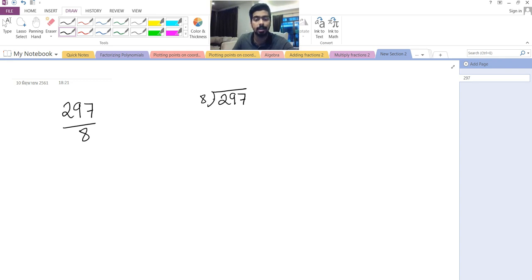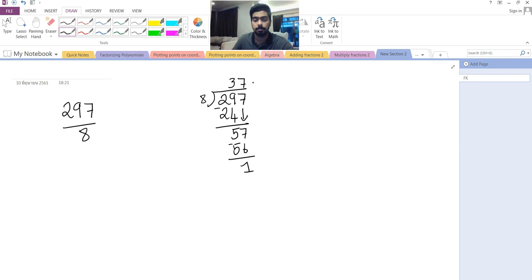How many times can 8 go into 29? 8 times 3 gives us 24. 29 minus 24 gives us 5. Drag this 7 down. How many times can 8 go into 57? 8 times 7 is 56. 57 minus 56 is 1.